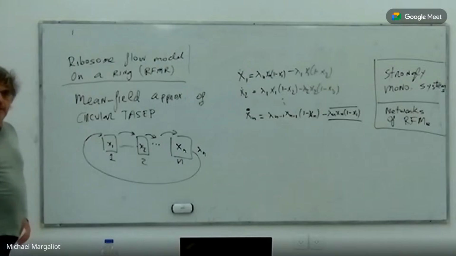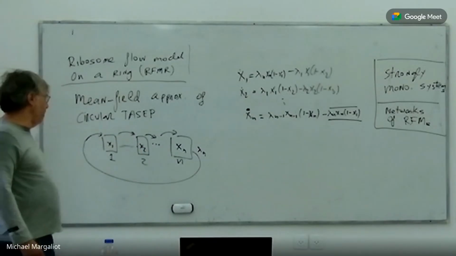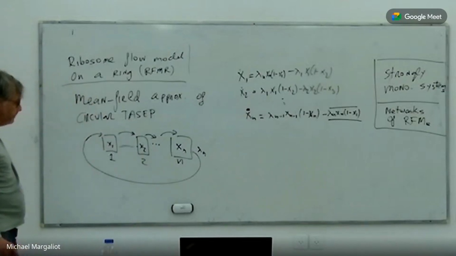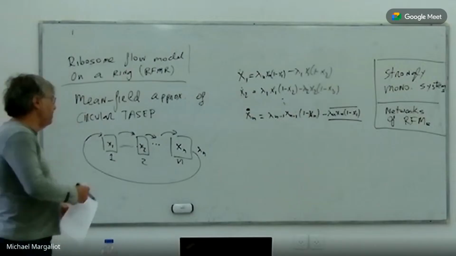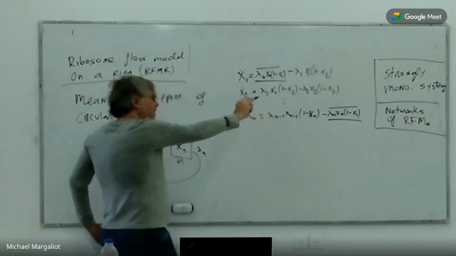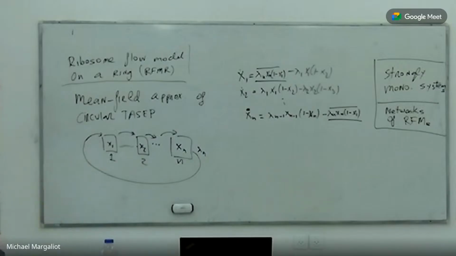So if there's more free space in site number 1, more particles will flow here. And on the other hand, when site number 1 starts to fill up, new particles find it more difficult to enter. And the flow into site number 1 is exactly the flow that comes from site number n.